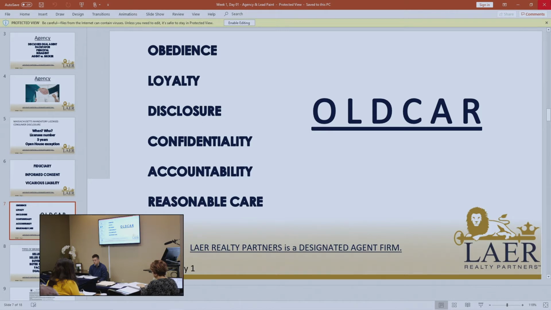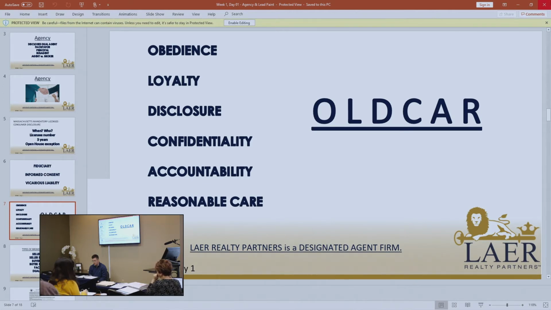Reasonable care and due diligence: the agent must act competently, capable of performing duties within the scope of the license requirements. These are the foundations of acting properly under the agency that you're representing.